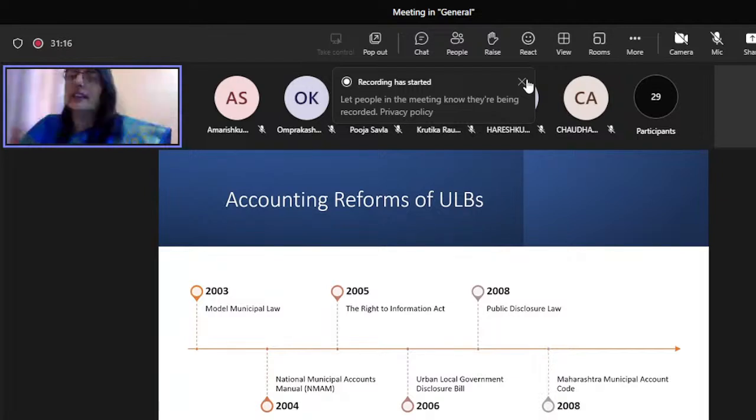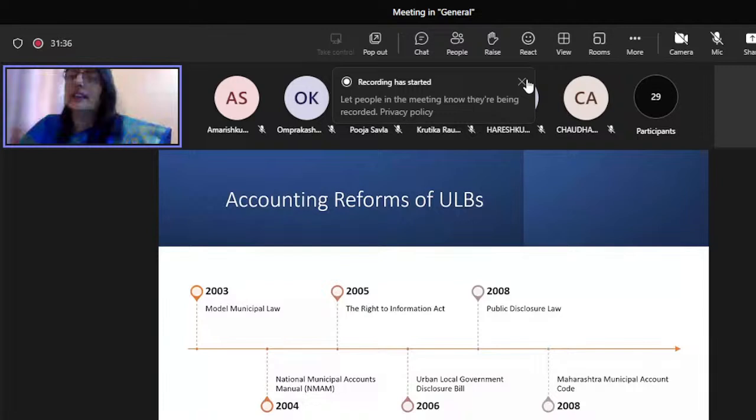Even though there have been a lot of accounting reforms in urban local bodies because of the 73rd and 74th Constitutional Amendment Acts, like the law that came in 2000, then NAMAM came in 2004.